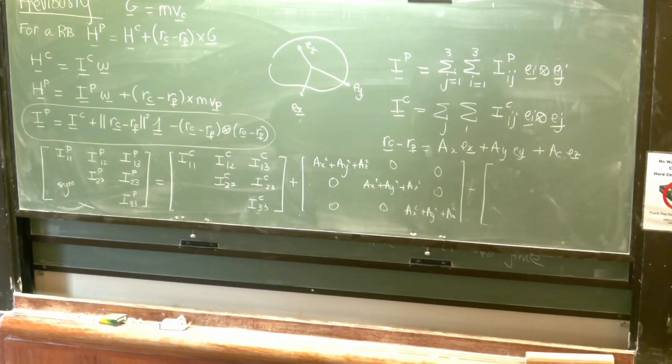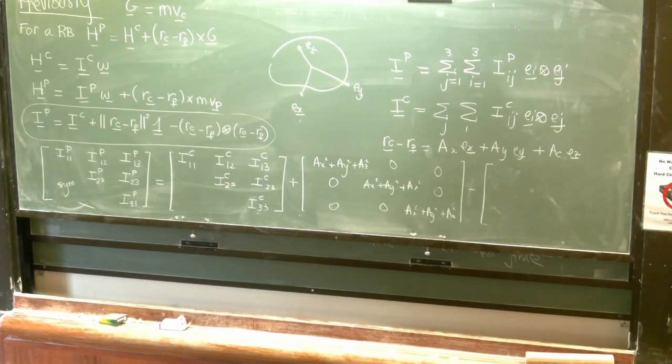So you're going to take this term, ax plus ay plus az, and take the bond product with itself. So what is the coefficient of the ex bond ex term going to be? ax squared, right?